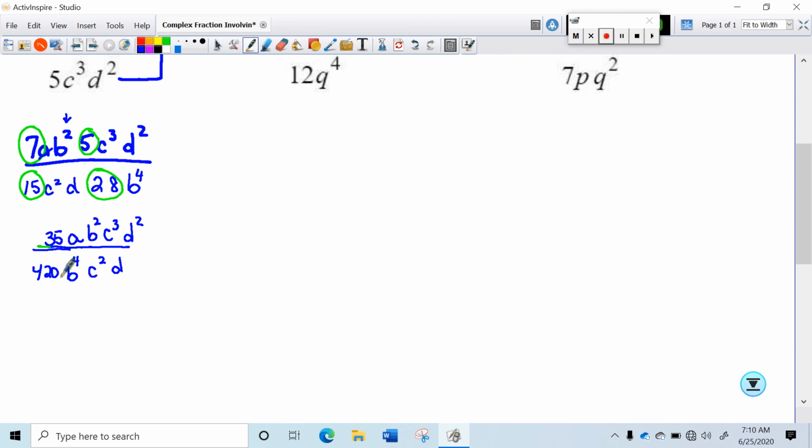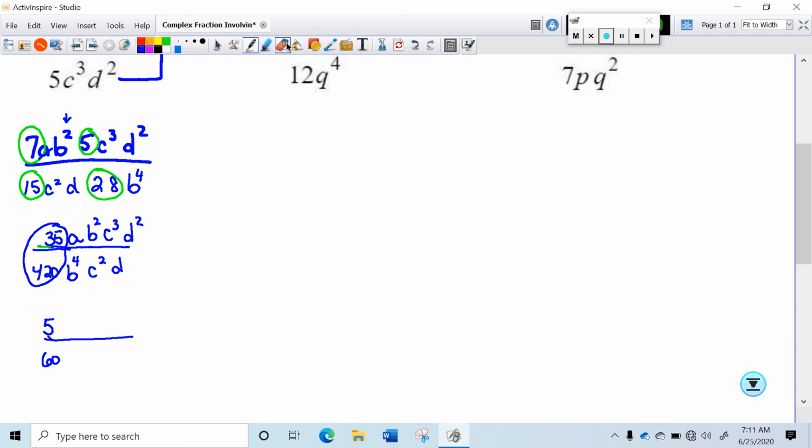Now, you want to simplify this fraction. So we're going to act as if this says 35 over 420. 35 divided by 420 is not even. So what I'm going to do is divide both of these by 7. So 35 divided by 7 is 5, and 420 divided by 7 is 60.